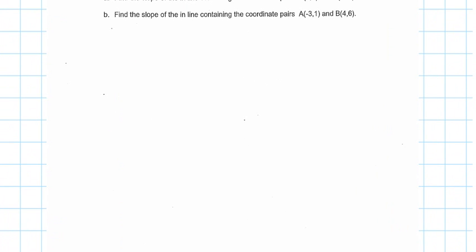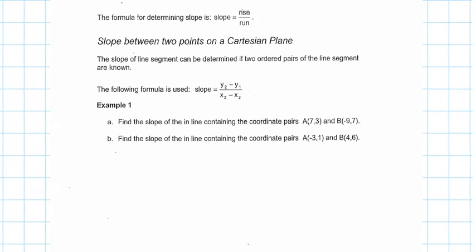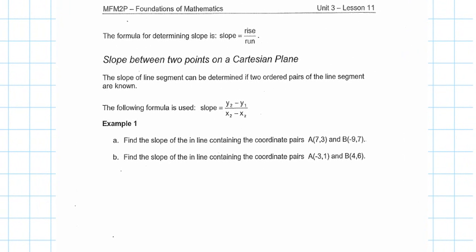Now, we talked about the slope, and we said the slope is the rise over the run. Okay? What that means is it's the difference between how much you go up versus how much you go over.